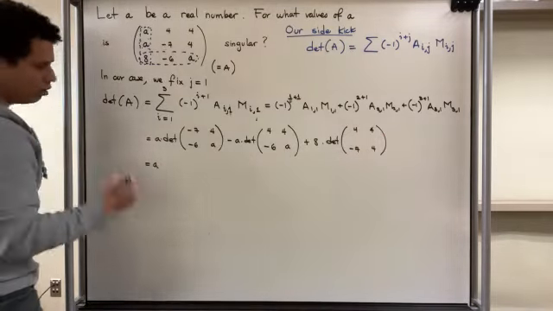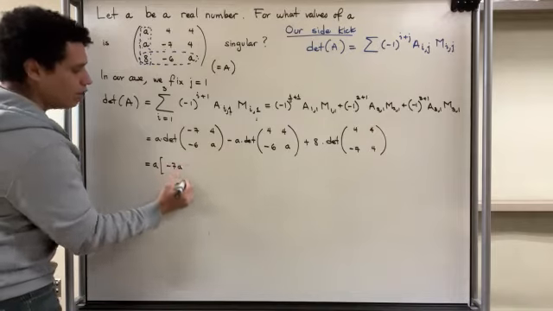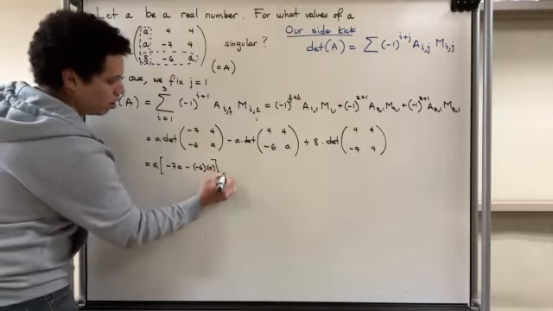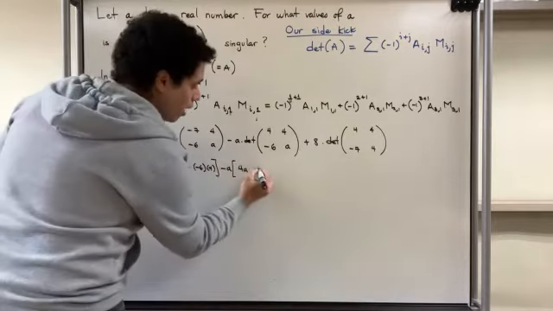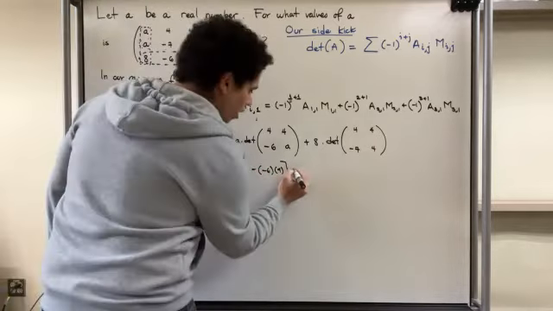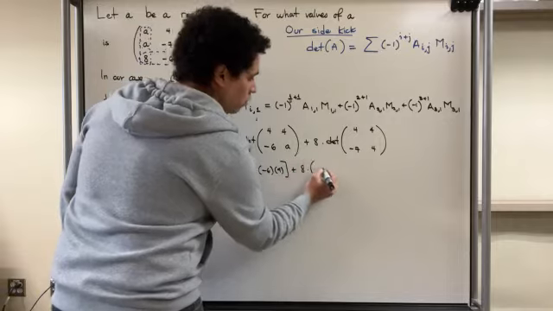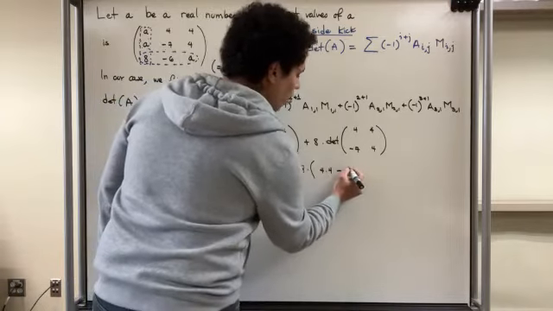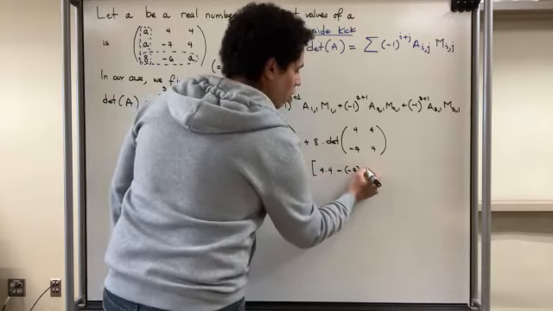This is a times (-7 times a minus (-6) times 4) minus a times (4a minus (-6) times 4) plus 8 times (4 times 4 minus (-7) times 4).